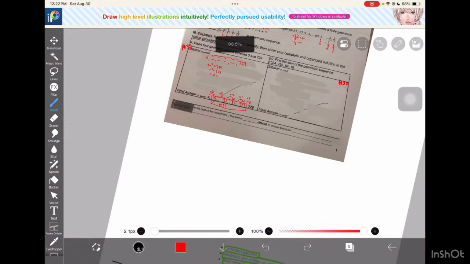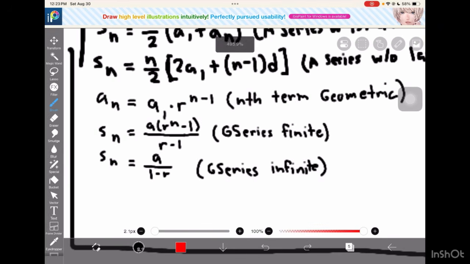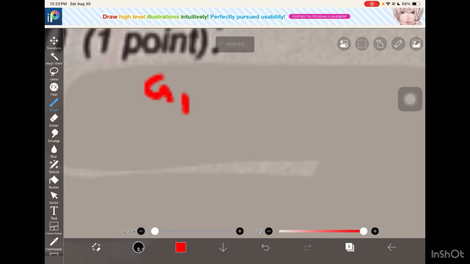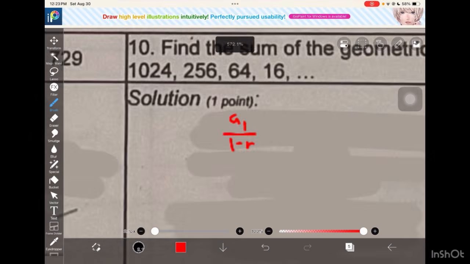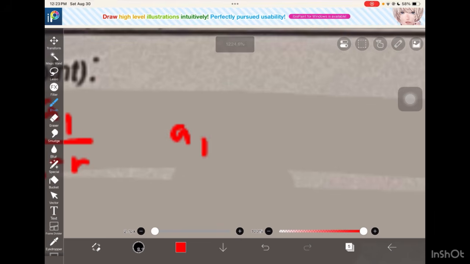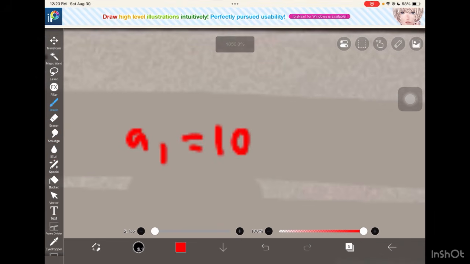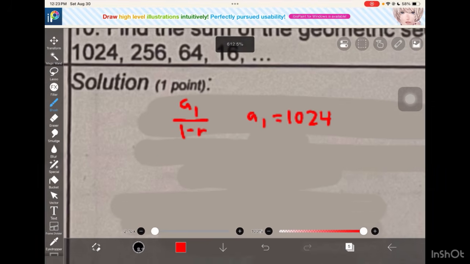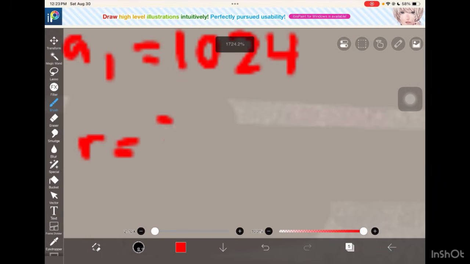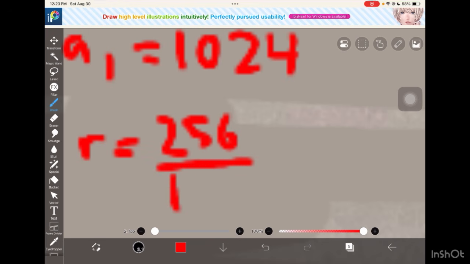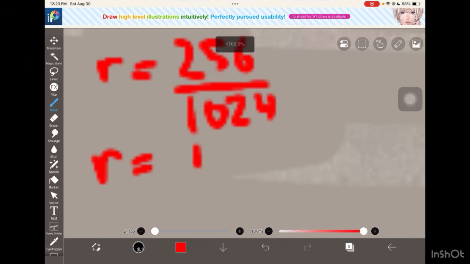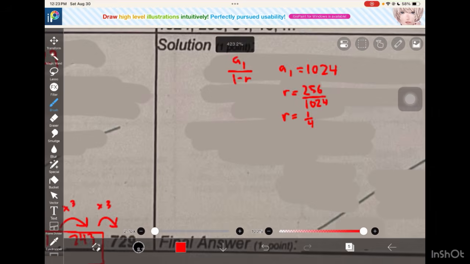So we're going to use the infinite geometric series formula, a sub 1 over 1 minus r. Our a sub 1 is clearly 1024. And we just need our r. So r is equal to 256 over 1024, or r is equal to 1 over 4. Now we can just substitute.